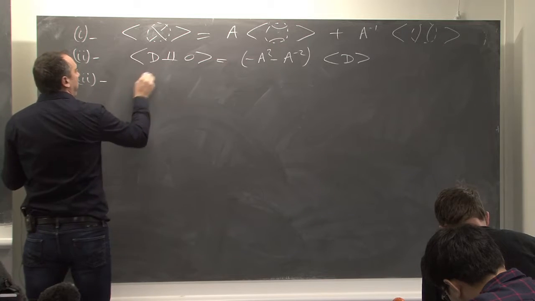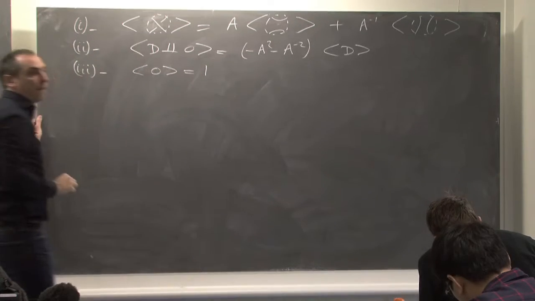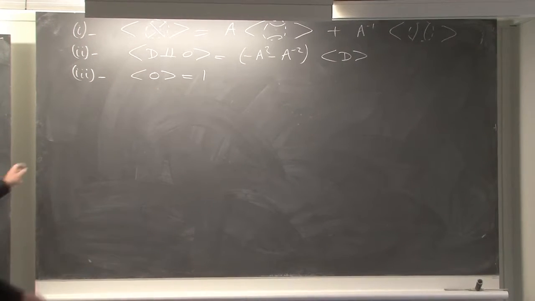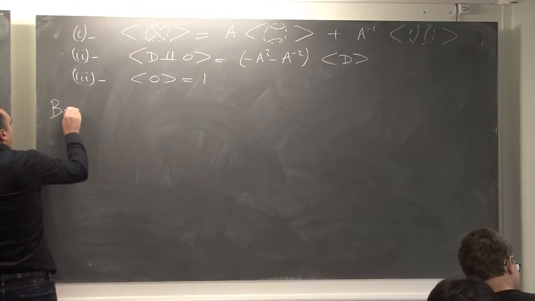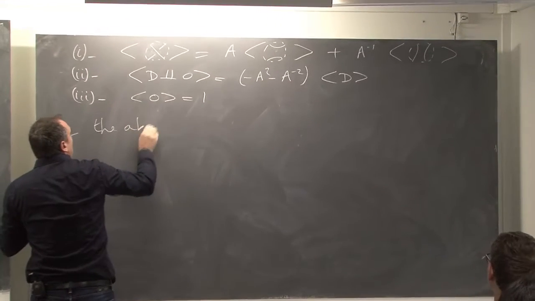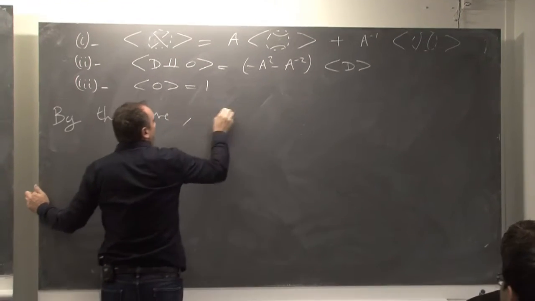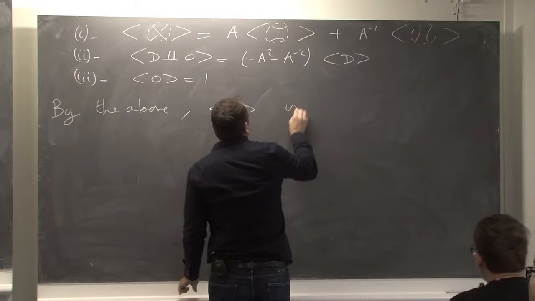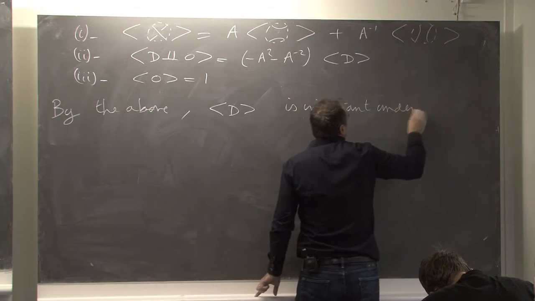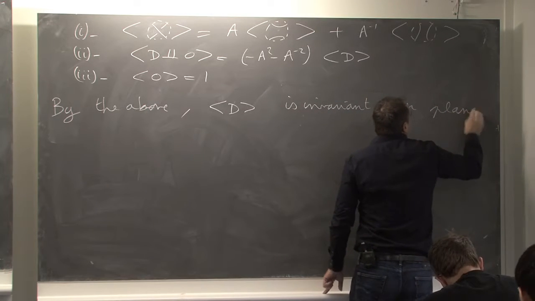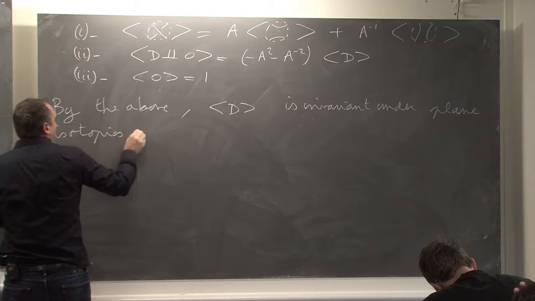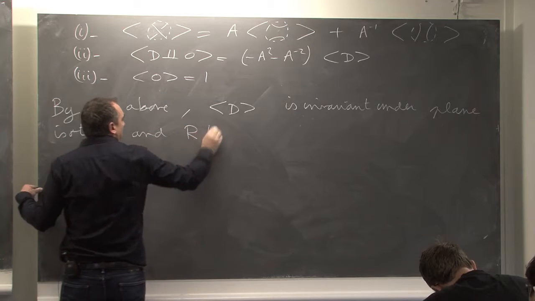We have, for the circle, it's just one. Okay. So by what we have done before, we know that this Laurent polynomial is invariant under plane isotopies and Reidemeister 2.